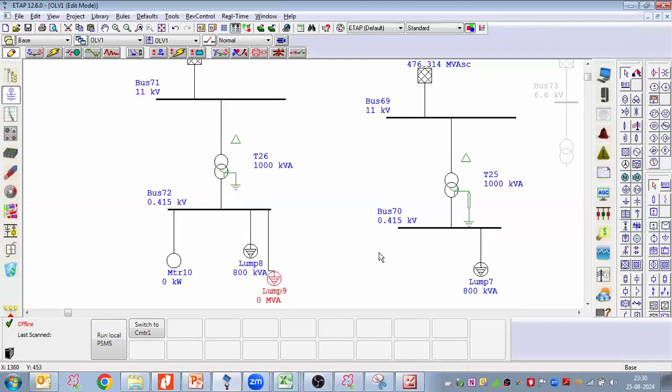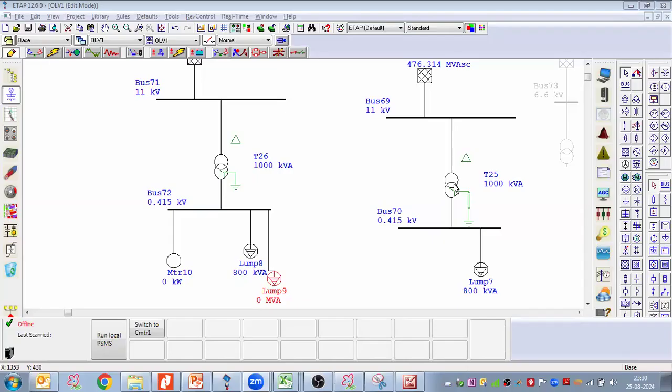And sir, what about the transformer? Transformers are also static equipment. A transformer is a static load, but since it changes the voltage level, your short circuit current is going to change, and the transformer also has impedance. Impedance reduces your short circuit current.